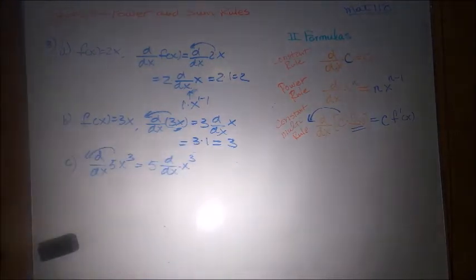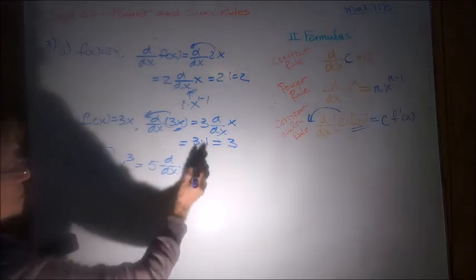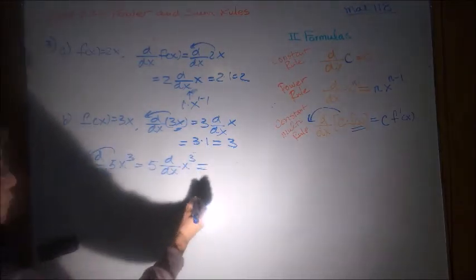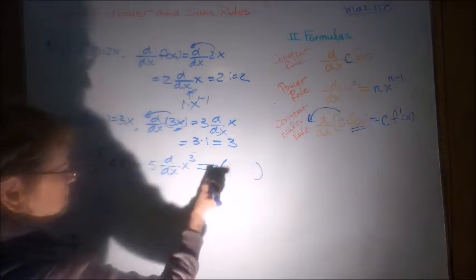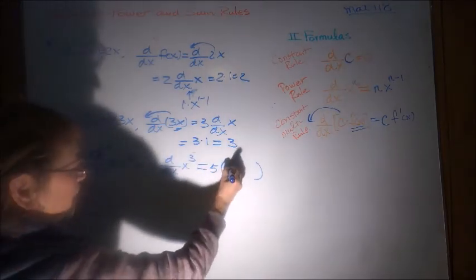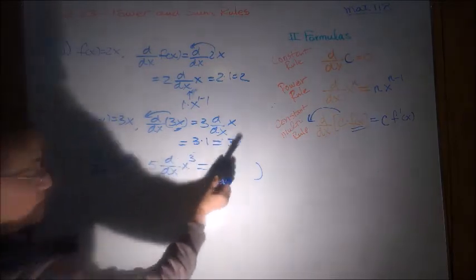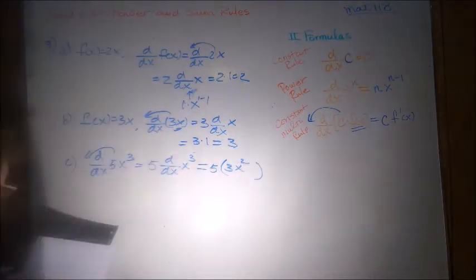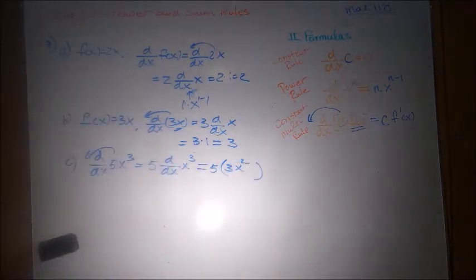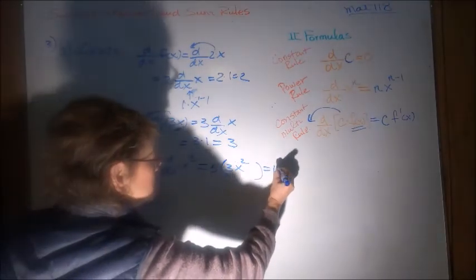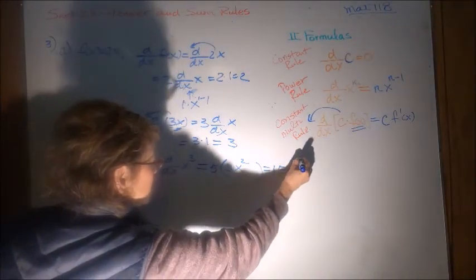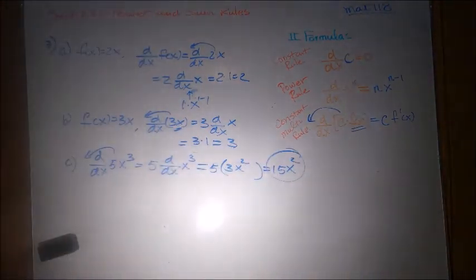X cubed, right? Then what is your derivative of x cubed? You move the power to outside as coefficient, then drop 1 level, that will be what? X squared. Not too bad, right? So the final answer cleaned up, that would be your answer.